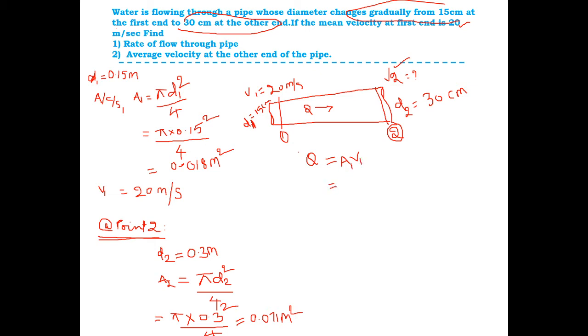Then you will get 0.018 into V1, 20, is equal to 0.36 meter cube per second.